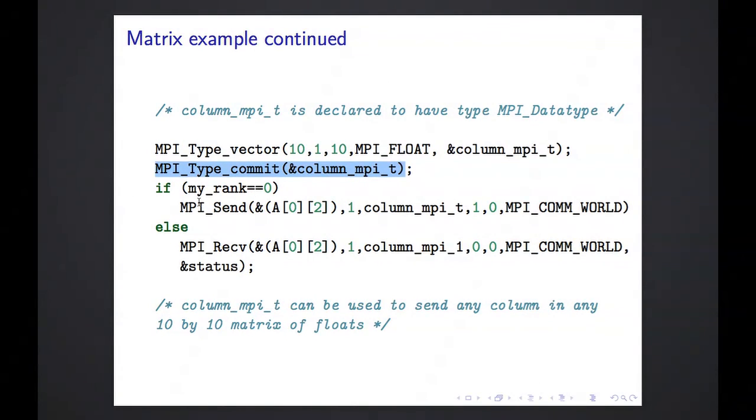Then here's my operation: I do a single MPI send, but now instead of sending MPI float, I am sending the column data type. The address is the beginning of the third column, so 0, 2, and I am sending one of them. On the receiving end, I have the same address, and I receive one column. So I am able to do a single MPI send and a single MPI receive to send non-contiguous data.